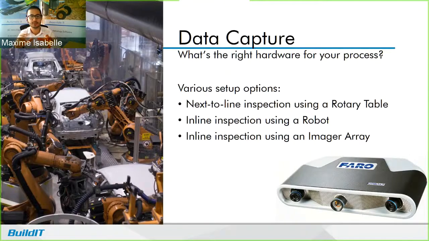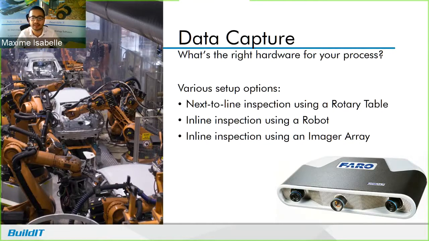With an imager, there are various setup options that we're going to cover. The first, starting from the slowest, is next to line inspection using a rotary table. This one is neat because it's easy to set up, and it's very easy to copy and paste this solution. Next, inline inspection using a robot.